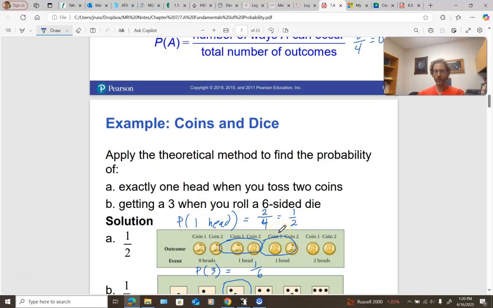Then we got 1 head 2 out of 4 times, so that's the same as a half. And then we got 2 heads 1 out of 4 times. These are all the outcomes, remember. So from the theoretical lens, it's this outcome divided by the total number of outcomes, which is 4, so 1 out of 4.